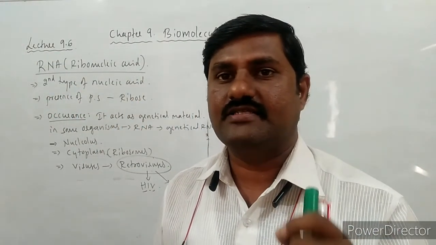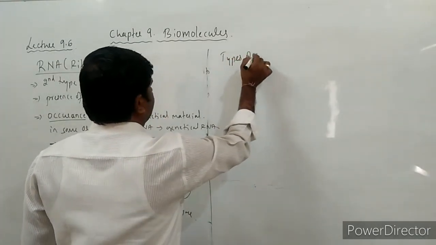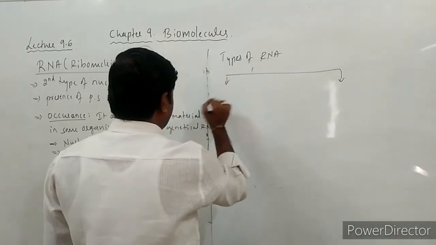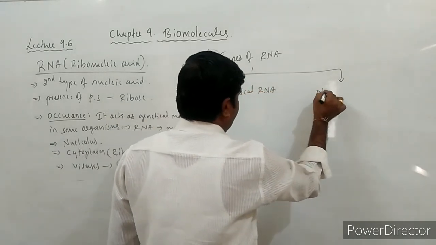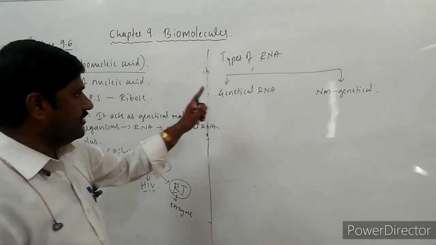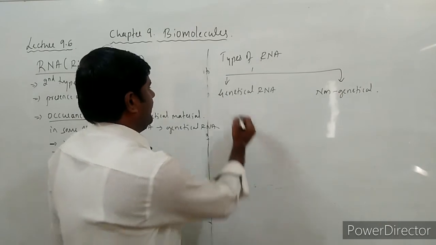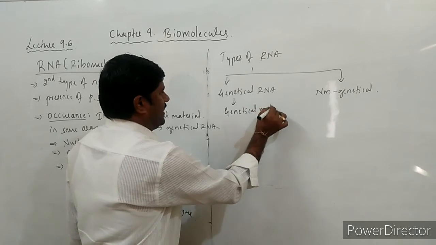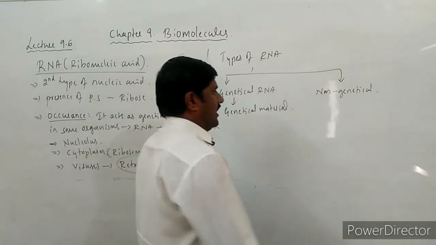Let us go through the types of RNAs. There are two major types of RNAs that we come across: genetical RNA and non-genetical RNA. If the RNA acts as the genetical material of a particular organism, it is called genetical RNA.